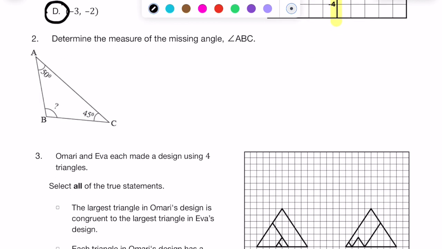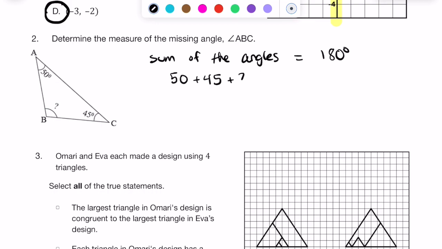Question 2, determine the measure of the missing angle, angle ABC. So here we have this triangle, and we have 2 of the 3 angle measures. We learned in class that in any triangle, the sum of the angles is going to be equal to 180 degrees. Okay, so based on that, we just have a subtraction question, right? We have that 50 plus 45 plus question mark is 180 degrees.